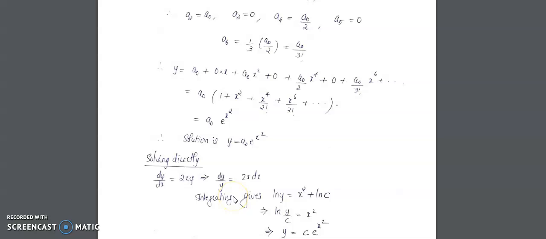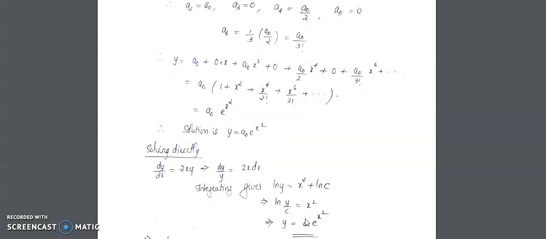So upon integrating you will get log y equal to x square. Now I am giving the constant in terms of log, so log c. Now log y minus log c is log y by c, so that is equal to x square. Now taking exponentials on both sides, you will get y by c equal to e raised to x square. So therefore y will be c e raised to x square.